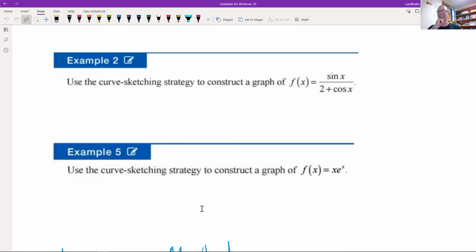Graphing calculators are really cool, and they're getting better all the time. Curve sketching is a little bit outdated. It's not bad to practice. You do get practice with useful skills, and you get a deeper understanding of those functions.